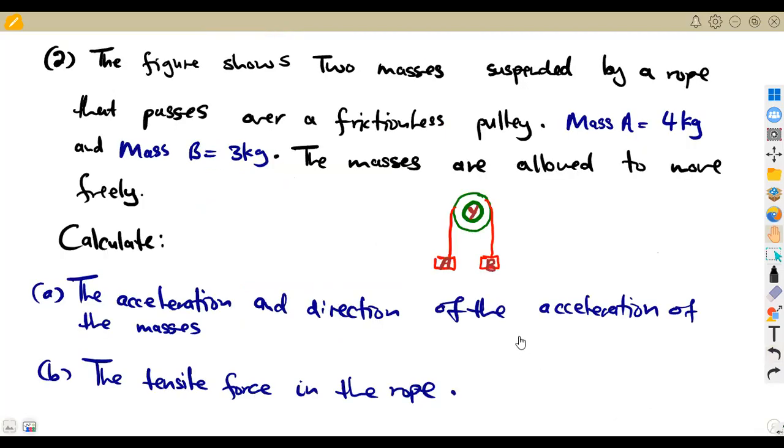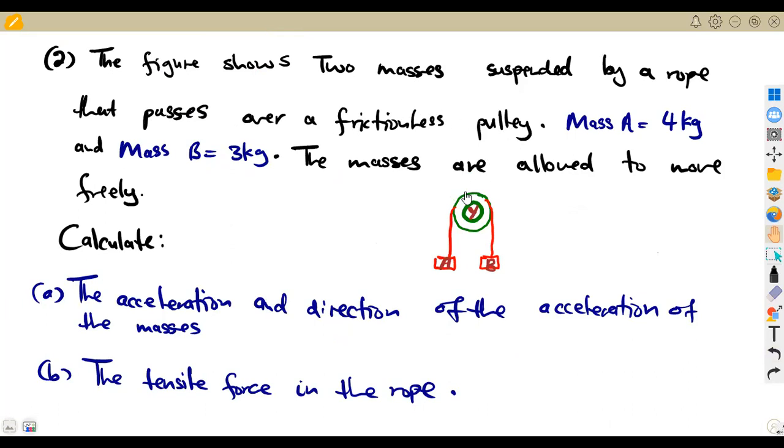This one is just the same as the first part that I was trying to explain, of a certain mass that is suspended by two ropes like this. That is, we've got a rope that is suspending two masses. The figure shows two masses suspended by a rope, masses A and B, that passes over a frictionless pulley.